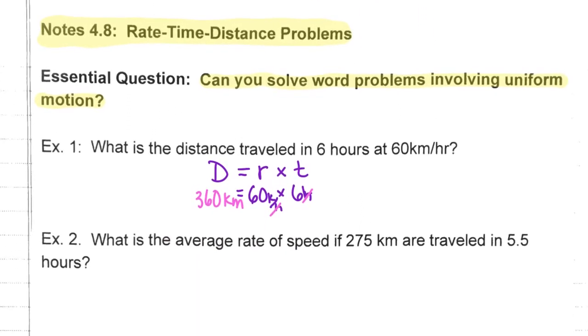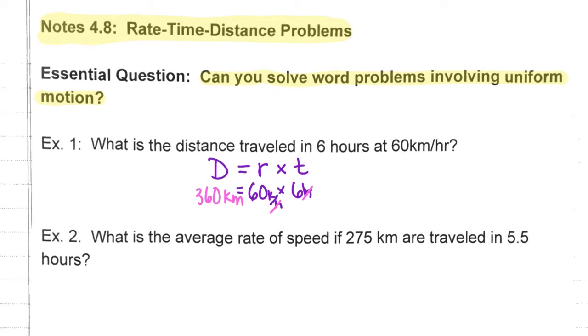What is the average rate of speed if 275 kilometers are traveled in 5.5 hours? Distance equals rate times time. Well, what is the average rate? So it looks like we're looking for the speed. 275 kilometers are traveled in 5.5 hours.